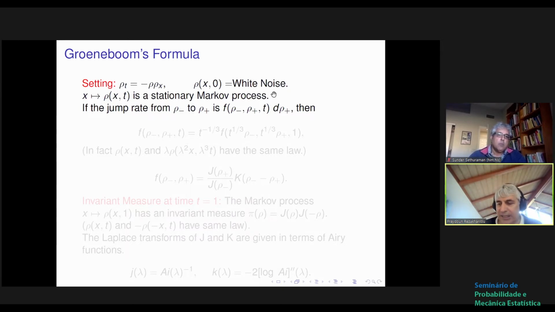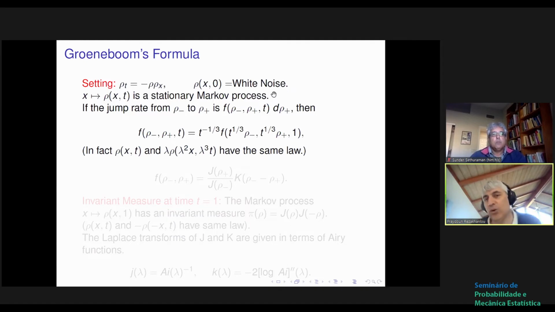And that kernel, again, Groeneboom had nothing to do with Burgers' equation, but this is the translation of his work into the following PDE problem. Then it turns out that the solution to Burgers' equation enjoys the following scaling. rho(x,t) and the rescaled version, lambda rho(lambda squared x, lambda cubed t).